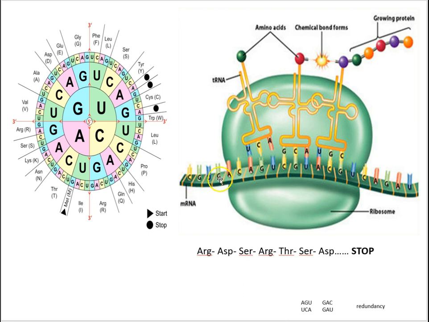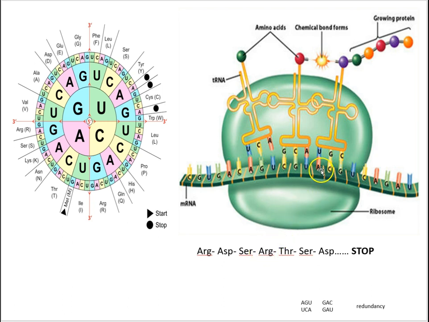The next triplet is GAC. We start inside, find the G, A, C. That's going to be aspartate. And then it's going to be AGU. That's serine. So the third amino acid is serine. Then we have CGU. We have arginine.